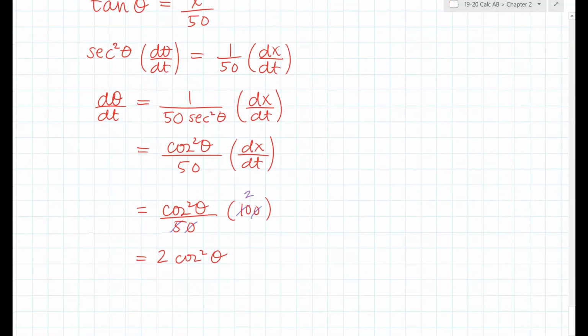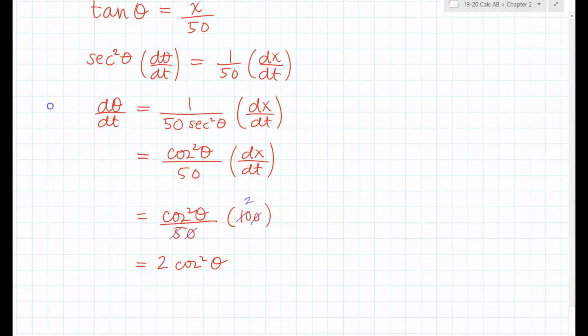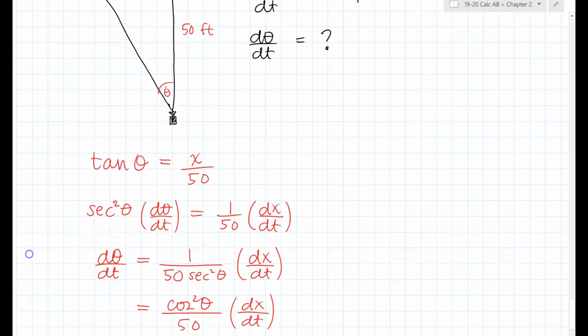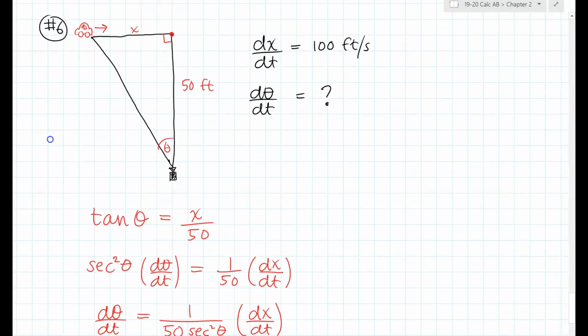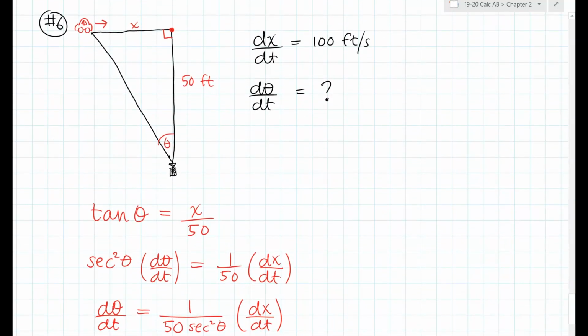So what should I do from here? Cosine, it's giving me 2 cosine squared theta. What do you guys think?